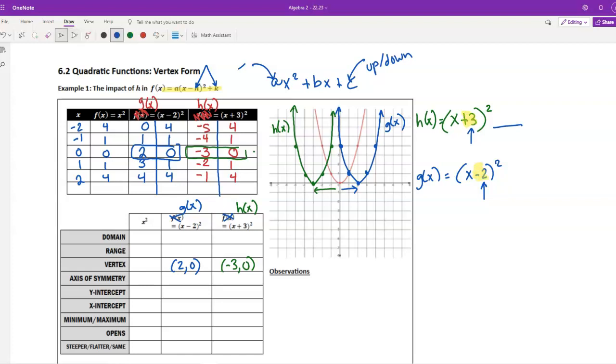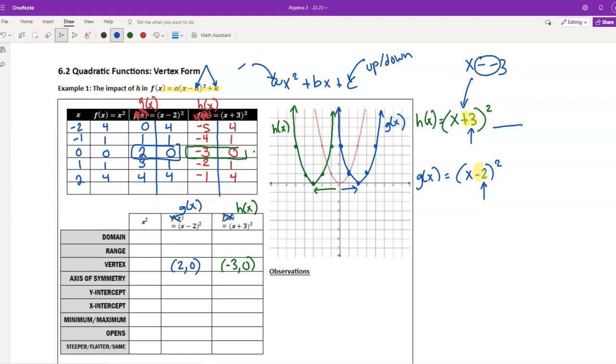In this format, it takes the form of minus h. How am I getting the vertex to be negative 3? Because x minus a negative 3, that double negative becomes a plus.